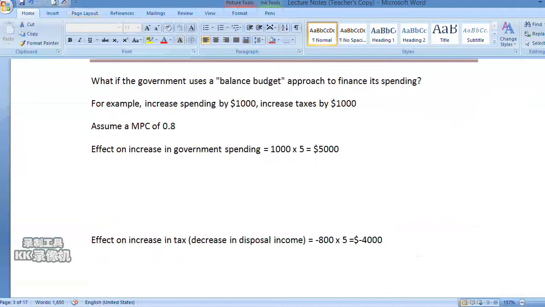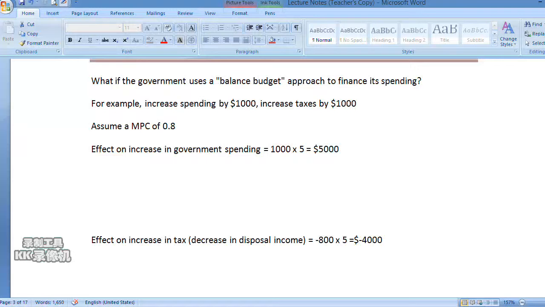So now, what if the government uses a balanced budget approach to financing its spending? So for example, the government increased spending by $1,000, matched with an increase in taxes by also $1,000. So in this case, the government would not be running into a deficit. It would just be balanced.